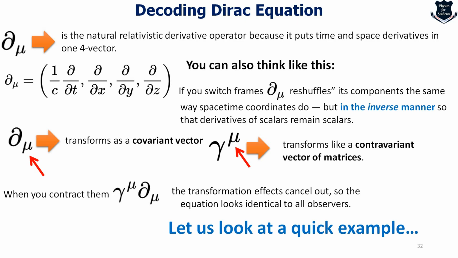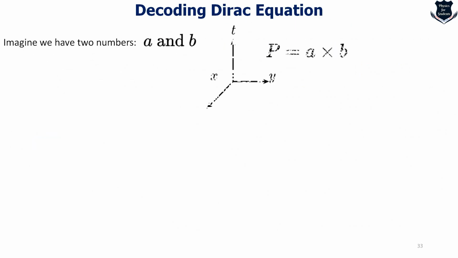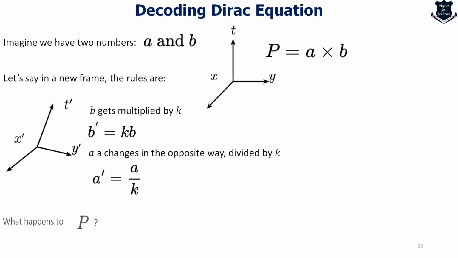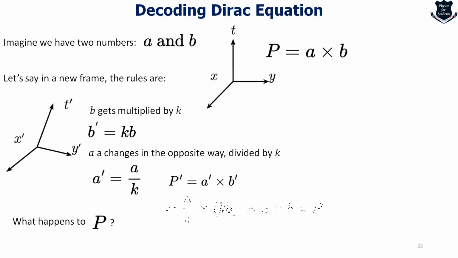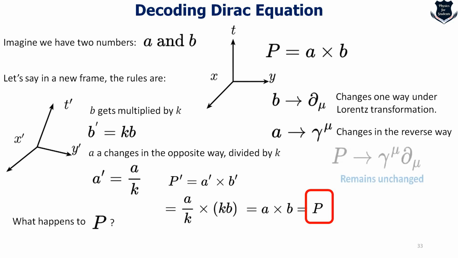Gamma mu, when coupled with partial mu, cancels out. That means this Lorentz invariant is producing a number just like in this analogy, so P remains the same. You won't have to worry about what happens in this frame of reference or that one. You can think of B as partial mu, which changes one way, and A as gamma mu, which changes in the reverse way. In the reverse way, they cancel out and P remains the same.